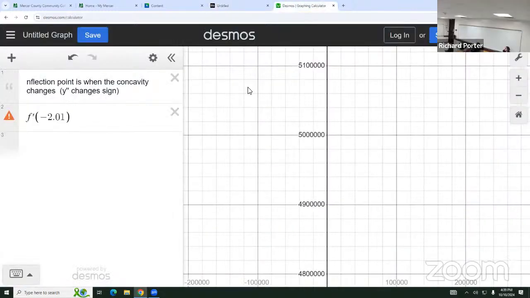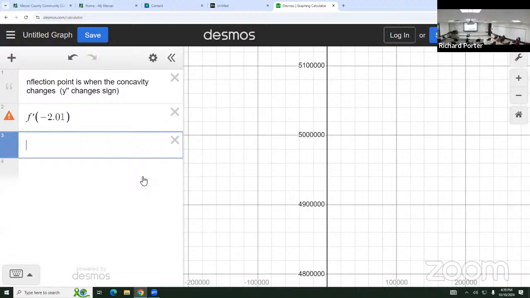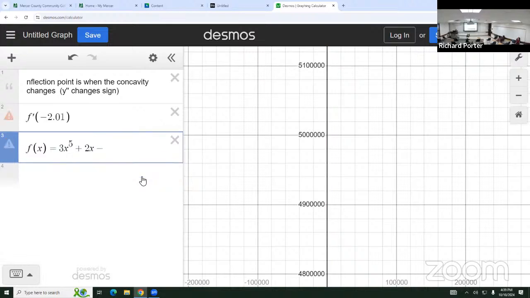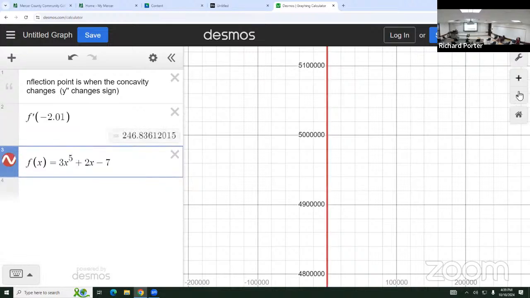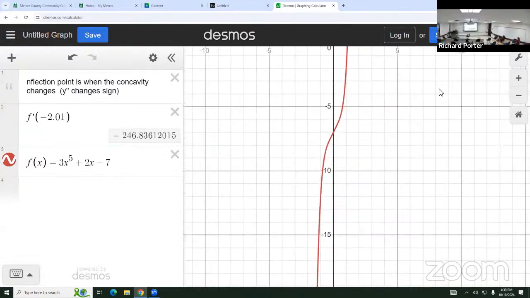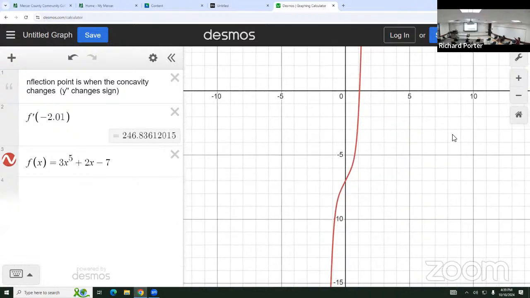So let's do this on Desmos. Let's create a function. Ooh, look at that. I don't see hardly anything there.